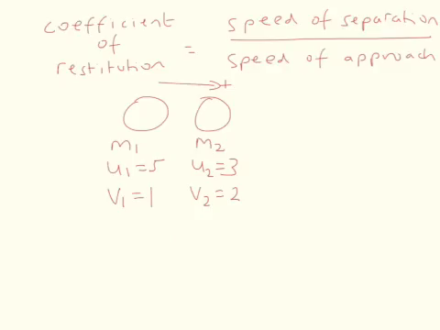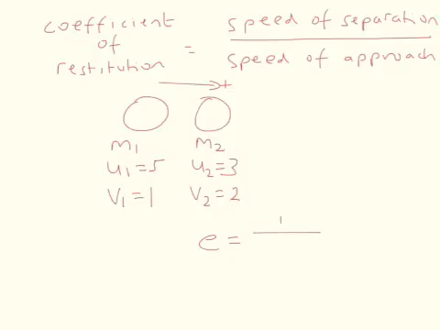So let's think of an example to describe that. The speed of separation is the difference between the speed of the second particle and the speed of the first particle. So this particle is moving away at 2 meters per second, this particle is moving at 1 meter per second, so the speed of separation is going to be 2 minus 1. They're separating by a difference of 1 meter per second.